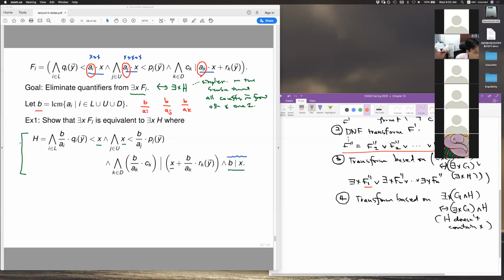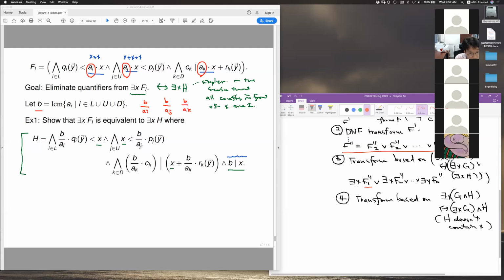So the transformed H is obtained from the original FL by removing the coefficient of all the X and then multiplying B divided by AI on the other side. You can think that this AI moved to the other side, but after dividing B, it's in the form B divided by AI.